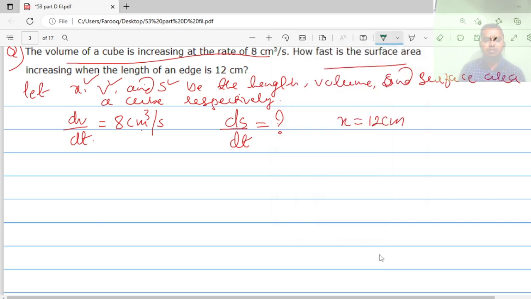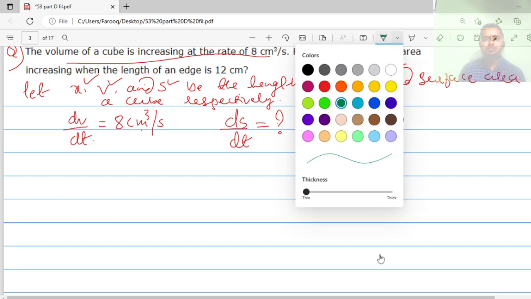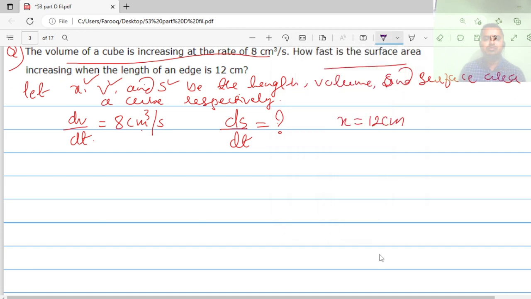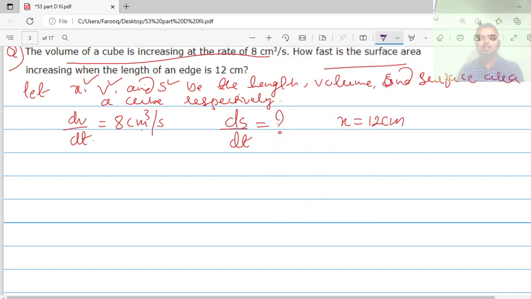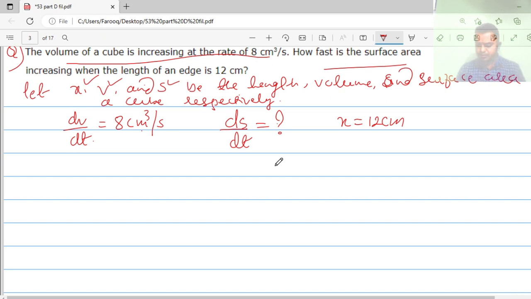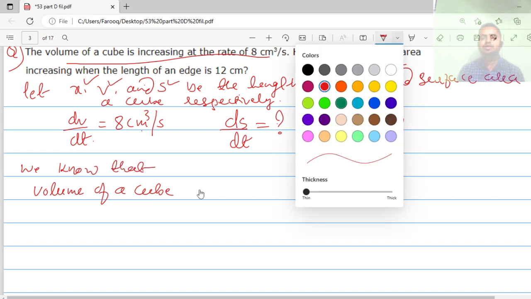We know that the volume of a cube is V is equal to x cube.